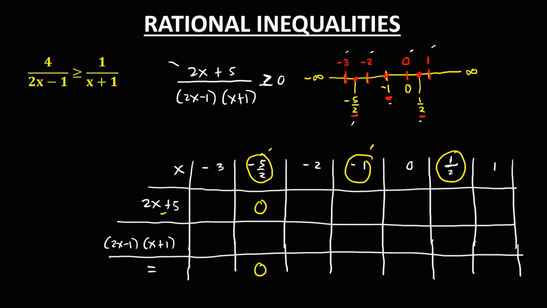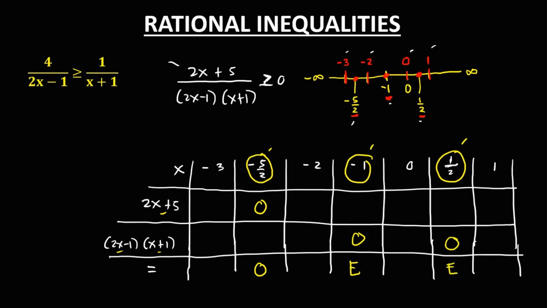Then for x equals -1, this equation becomes 0. And if the denominator is equal to 0, then this equation becomes undefined or error. Then if x is equal to +1/2, this equation becomes 0, and a 0 denominator, that's error or undefined.